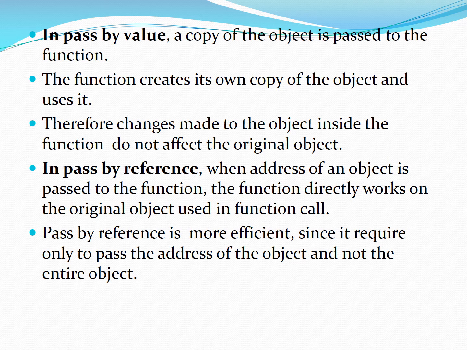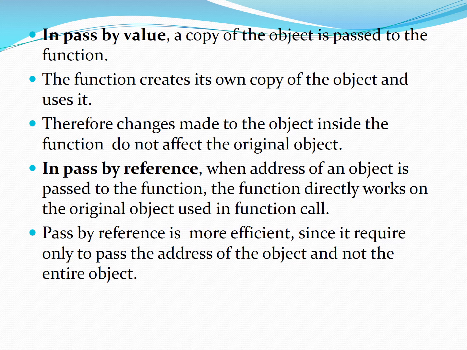The next one is pass by reference. Pass by reference means passing the reference of an argument in the calling function to the corresponding formal parameter of the called function. The called function can modify the value of the argument by using the reference passed in.